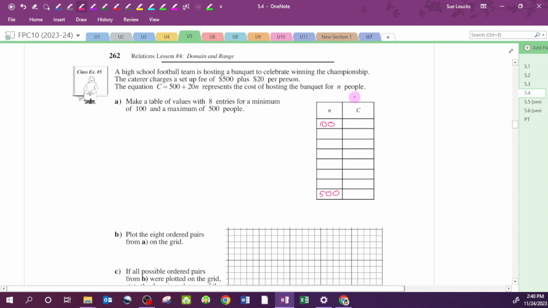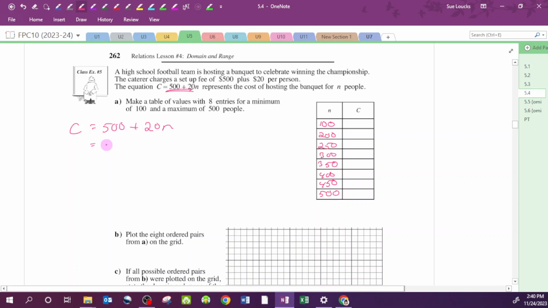Usually you would break it up by hundreds or 50s or something, but that doesn't quite work, so I'm going to skip to 200. And then I'm going to do 250 and 300 and 350 and 400 and 450 people. So C equals 500 plus 20n, where n is the number of people.